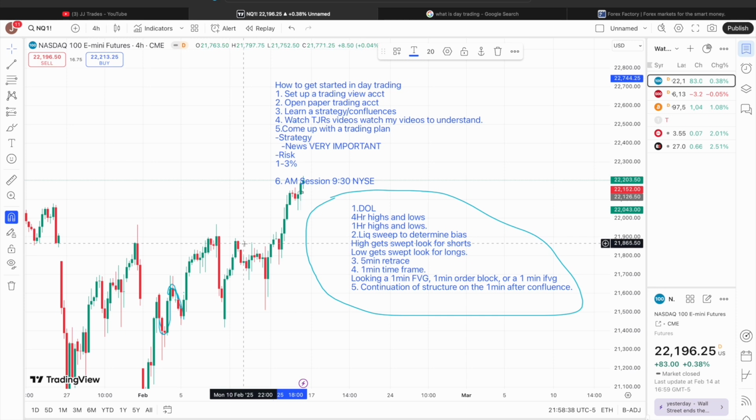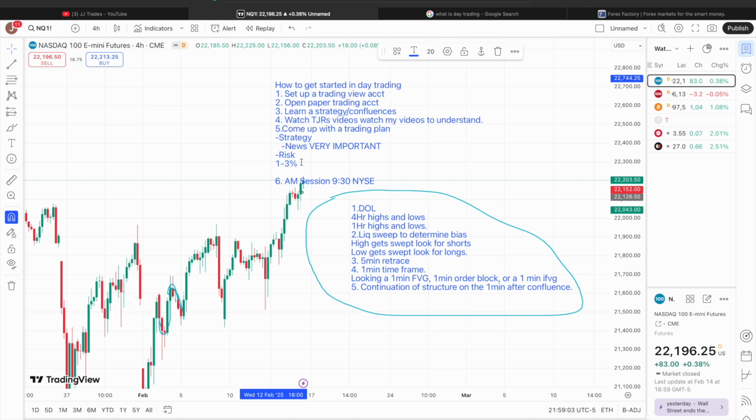So when you get into the real world and you're using real money, you're not going to just put $50,000 in one trade. If you have $100 of real money, you're going to risk 1%, which is $1. So then maybe if you get a one-to-one trade, you'll make $2, and so on and so forth. So you only want to risk 1 to 3%, because trading is a game of probabilities.